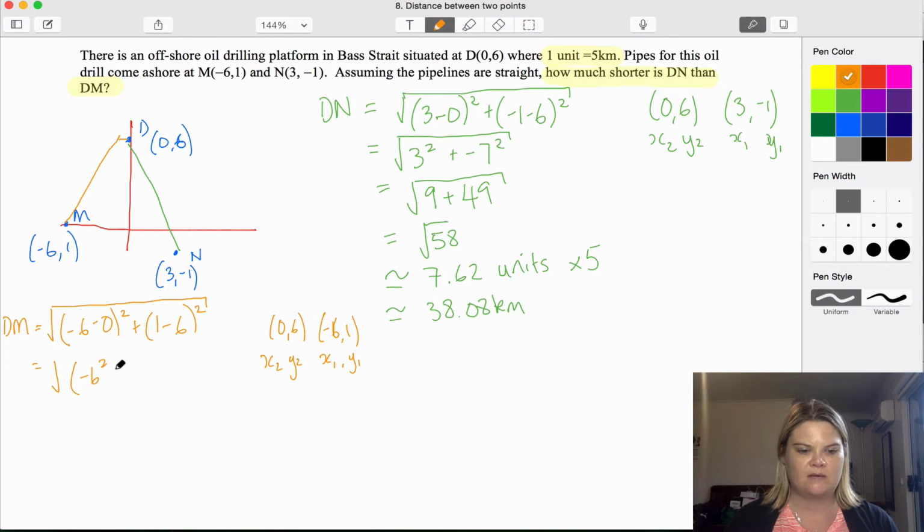So we get negative 6 squared plus negative 5 squared, which is 36 plus 25, which equals the square root of 61.